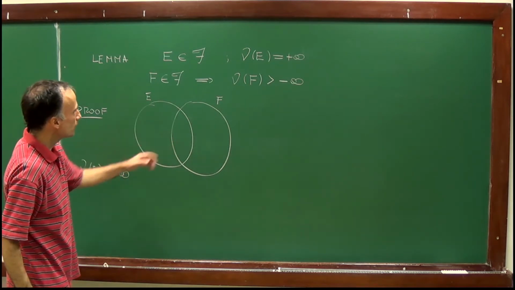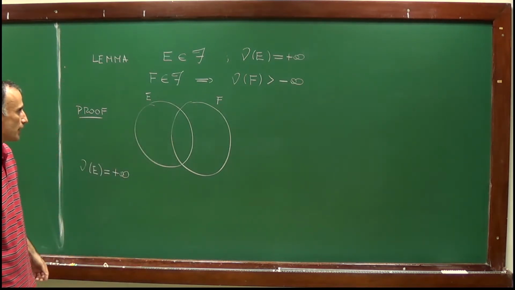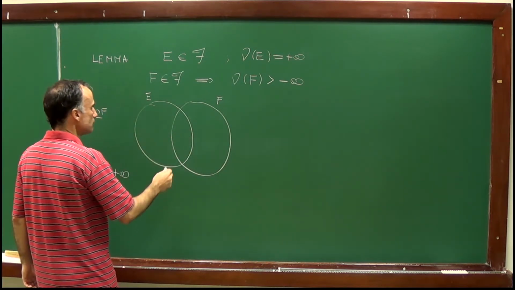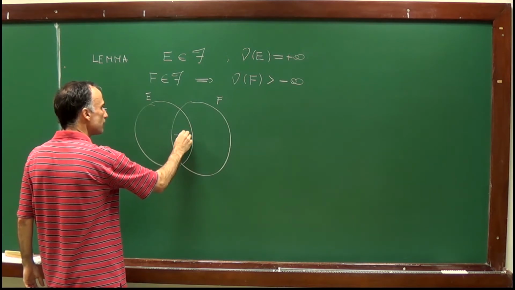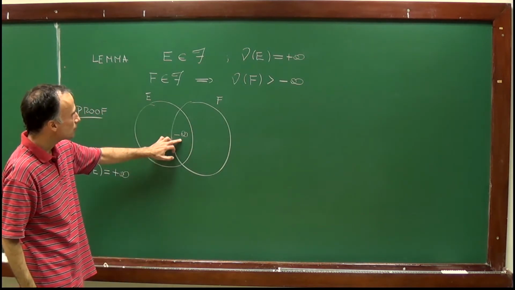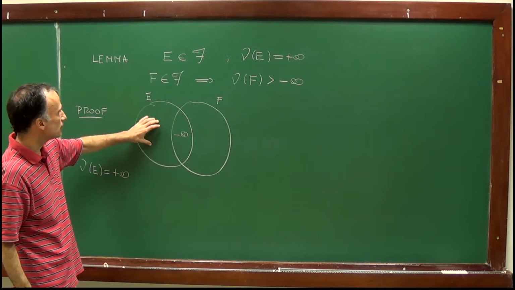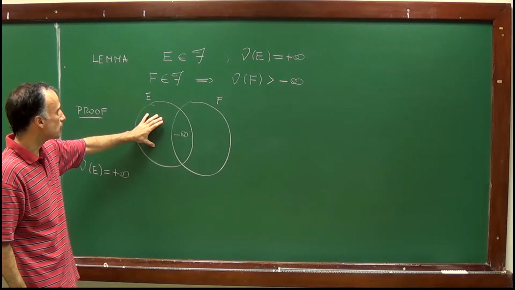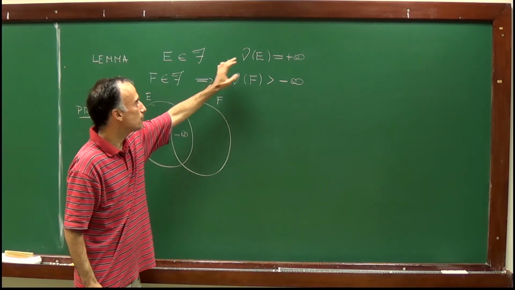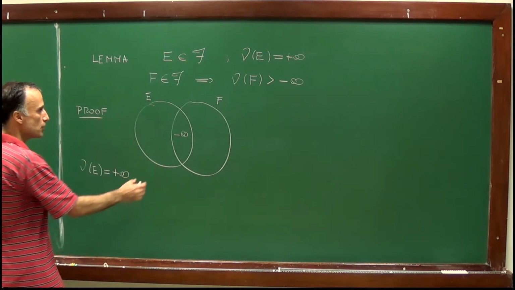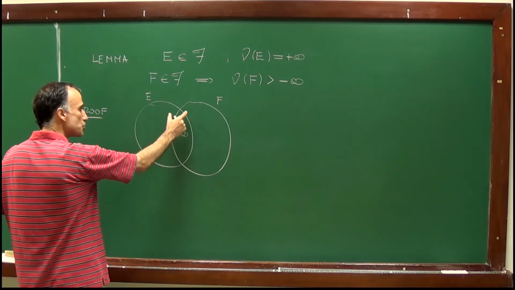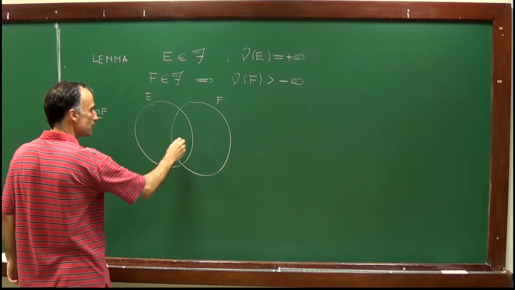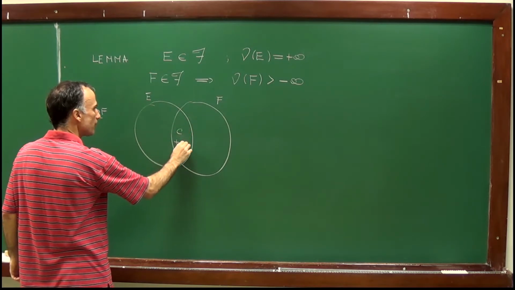So here's the intersection of E and F. It cannot take the value minus infinity, because if it takes the value minus infinity, since it's contained in E, that would imply, by the previous lemma, that the measure of E is equal to minus infinity, and we know that the measure is equal to plus infinity. So the measure of the intersection of E and F cannot take the value minus infinity. It can take either a real number or the value plus infinity.